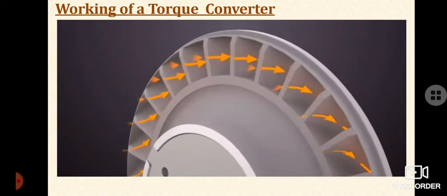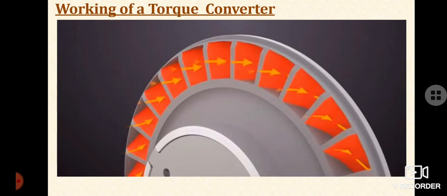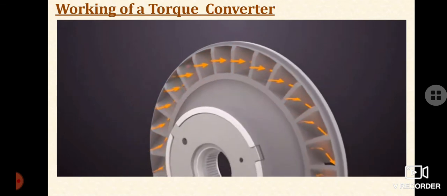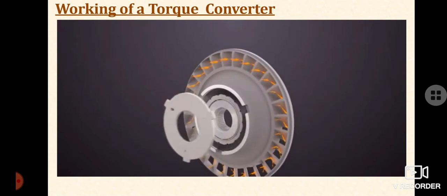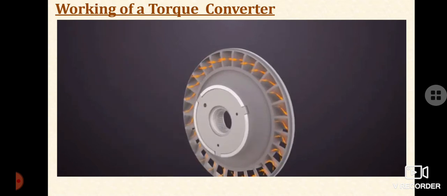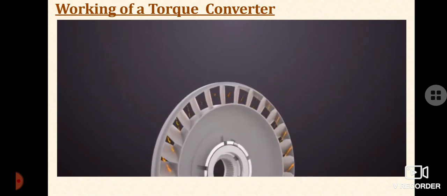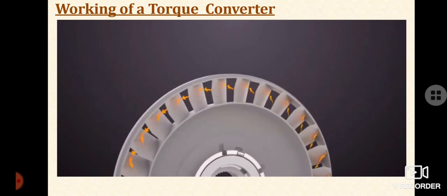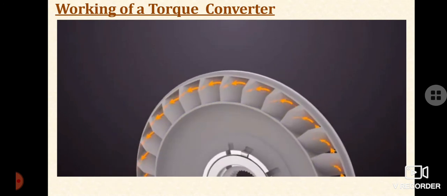In this video I will explain that it has three stages of operation. One is stall. During stall, or the stop condition of the vehicle, the engine is applying power to the impeller, but the turbine cannot rotate. This happens when the vehicle is stationary and the driver has kept his foot on the brake pedal to prevent it from moving.